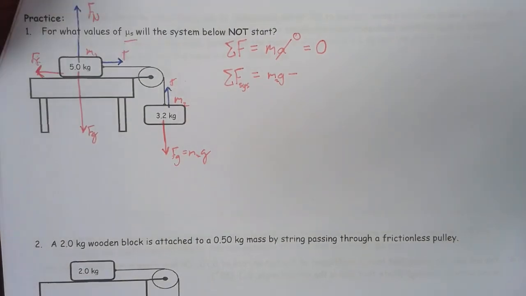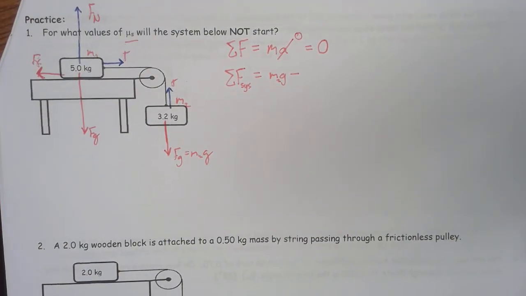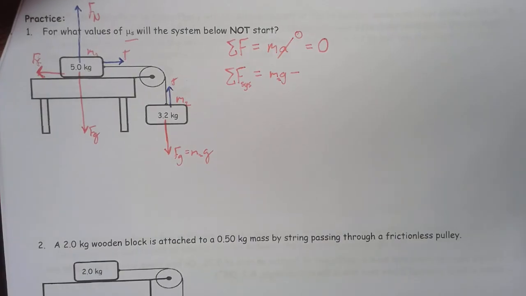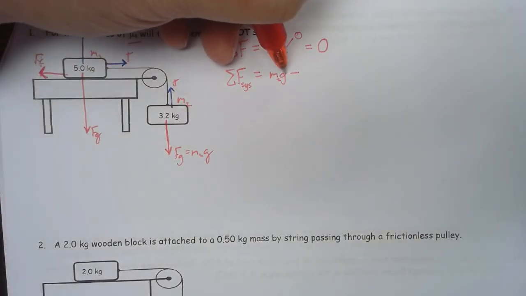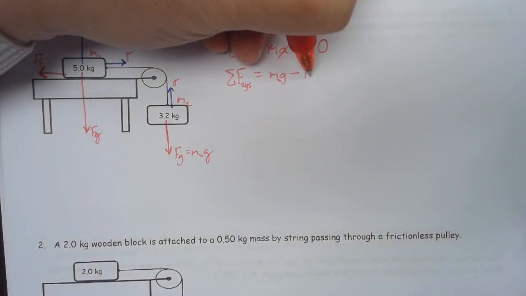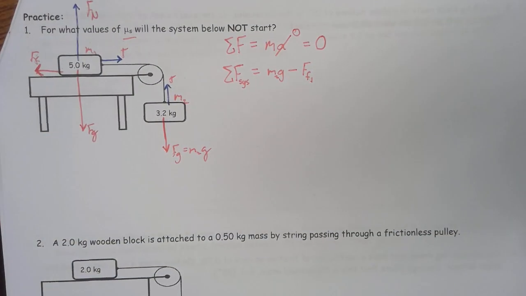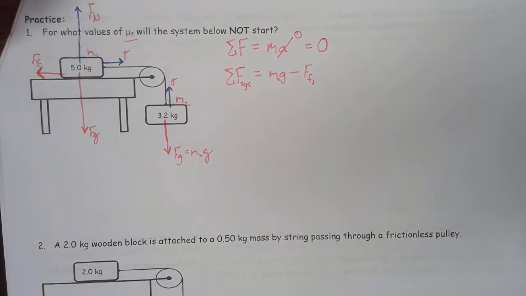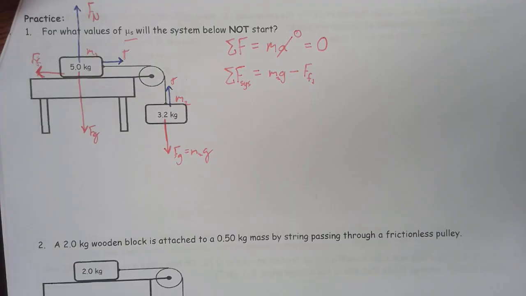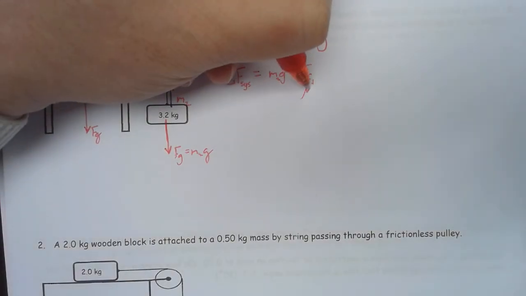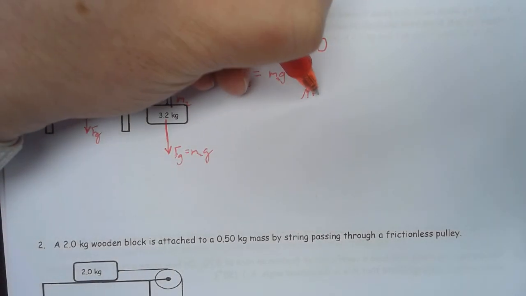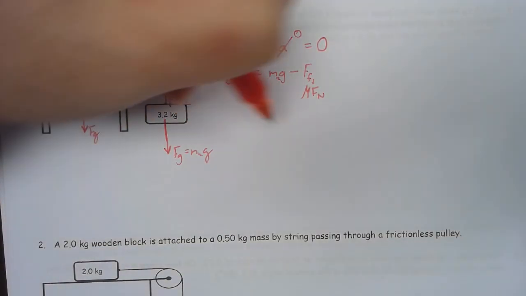Sorry, I just realized all these arrows we drew weren't labeled, so I went ahead and labeled them. I flew through that. But we've got m2g, and then we've got the force of friction of box 1, right? Break down the force of friction of box 1. Mu times force normal. What's force normal equal to?